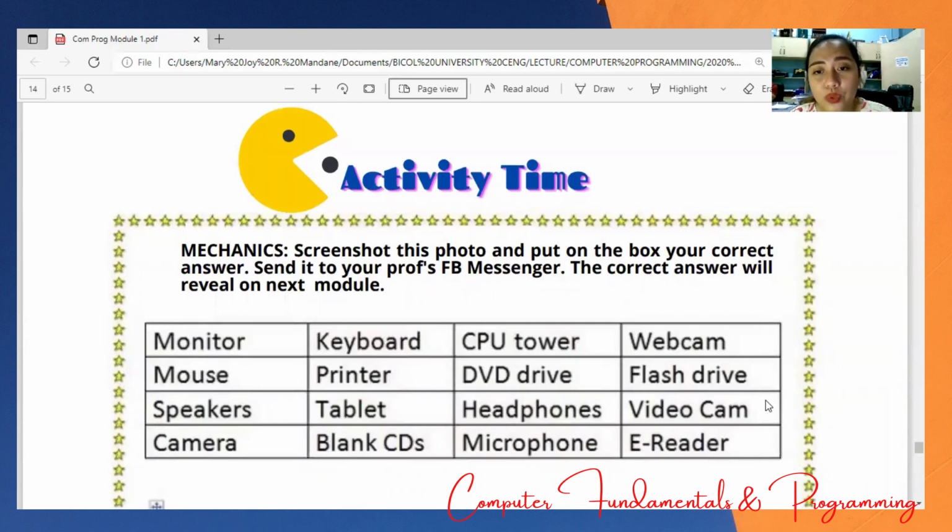The mechanics: screenshot this photo and put your correct answer in the box. Send it to your Google Classroom, actually not on my Facebook Messenger. I changed that, it should be Google Classroom. The correct answer will be revealed in the next module.